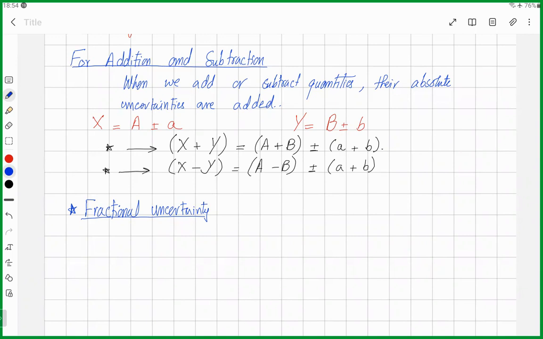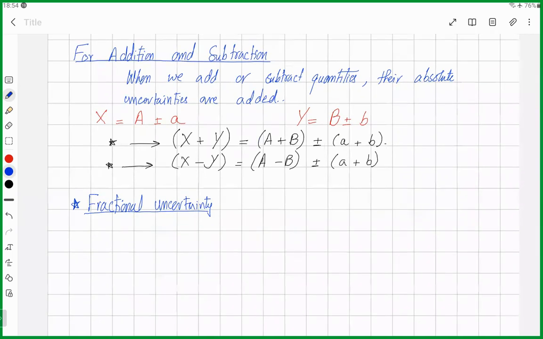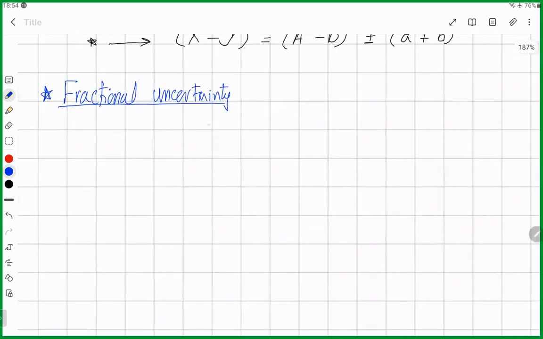So there comes a way of knowing how big an error is, and that is called fractional uncertainty. What is fractional uncertainty?